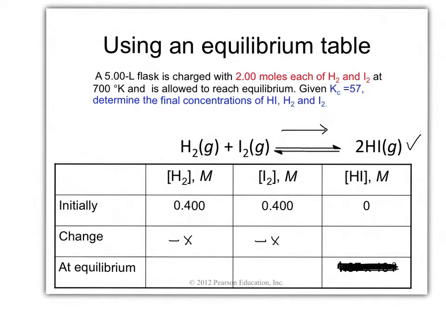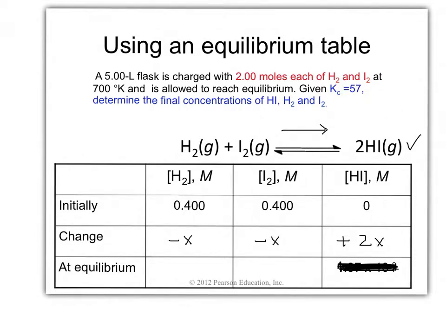All right, so now I'm looking at the stoichiometry, and I know that for every mole of H2 and every mole of I2, I'm going to gain 2 moles of the product HI. So I'm going to gain that, expressed by this plus sign, and I'm going to put in 2x to convey the idea that for every 1 mole of reactant I get 2 moles of product.